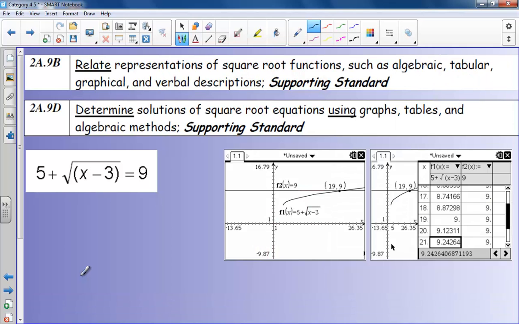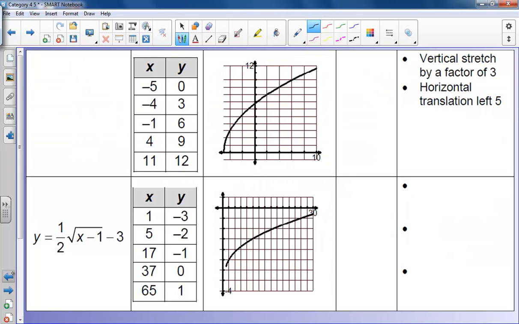And in doing so, you have also reviewed supporting standard 2A.9b, which says relate representations of square root functions in their algebraic or equation, tabular or table, graphical, graphs, and verbal descriptions. So what we just did on that previous page, you have your algebraic right here, tabular, graphical, verbal descriptions. So that's what that means.